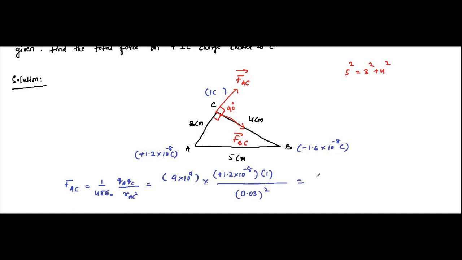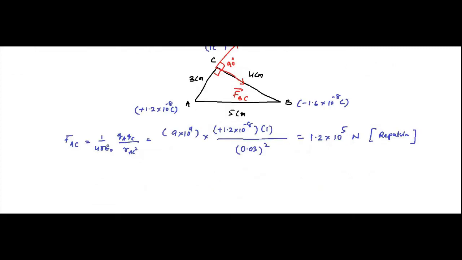So if we calculate, it is coming around 1.2 into 10 to the power 5 Newton. So please friends, be careful with these calculations, double check them. It is a repulsion type force, in this direction away from C.